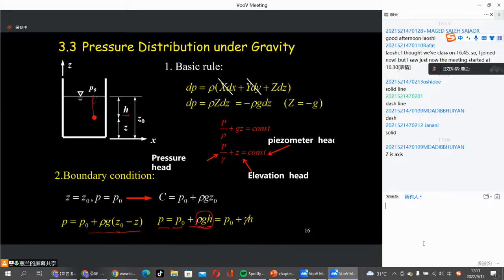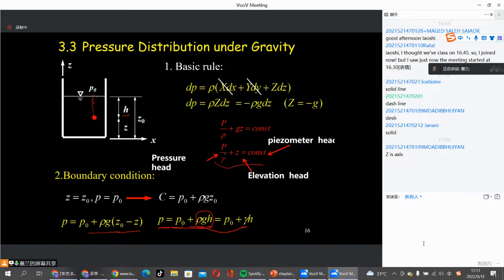We use specific weight gamma equal to rho g. So finally we got P equal to P naught plus gamma h.